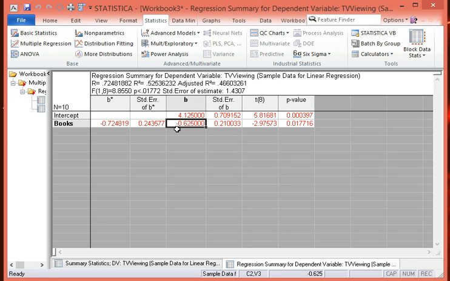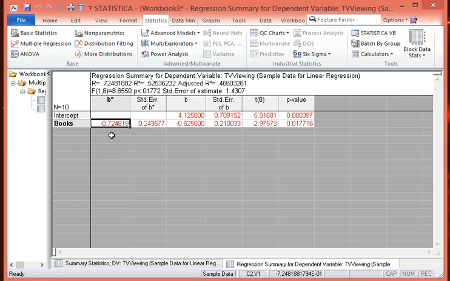Now, the standardized value of this coefficient is this one, which we also call the beta. This is the standardized regression coefficient, no longer in the original units of the raw scores.